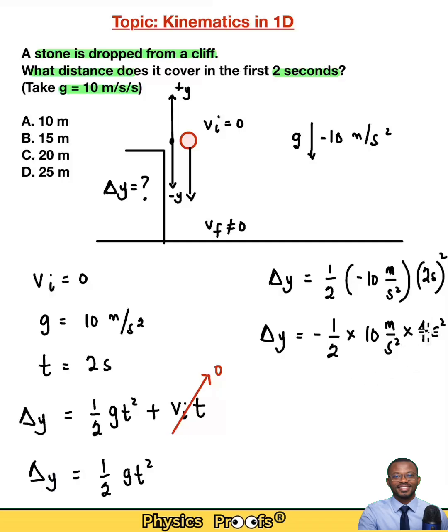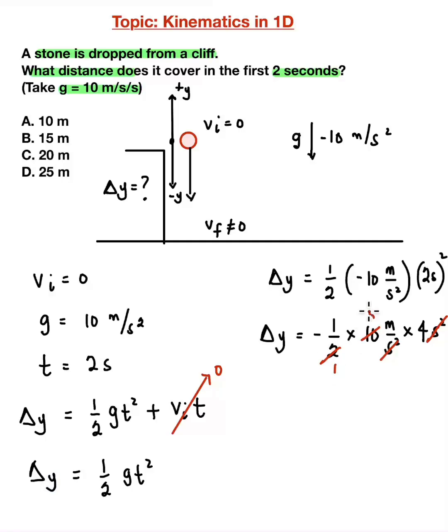All right. So we can clearly see that this second squared can be divided by this second squared to 1, right? So they cancel out to 1. So we can also see that 2 here, 1, and then 2 into 10 is going to be 5. All right.